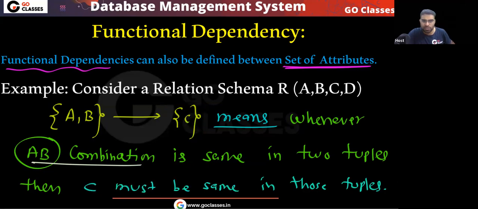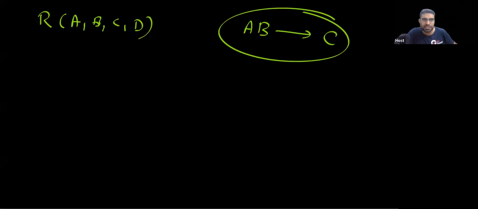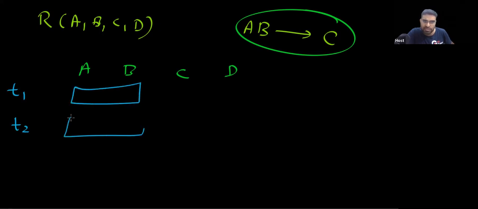So very simple point. Just consider this. You have a relation with A, B, C, D. Now, if I say that AB determines C, what that means? This means that whenever this AB combination is same in two tuples, T1 and T2, this entire combination must be same.